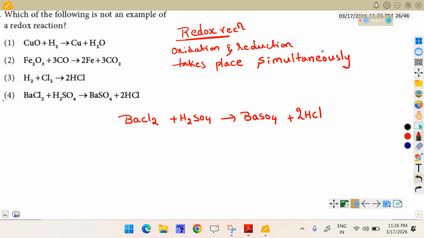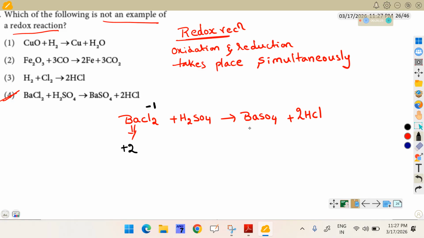Which of the following is not an example of redox reaction? What is a redox reaction? In a chemical reaction, both oxidation and reduction take place simultaneously; then the reaction is considered a redox reaction. The fourth option is not a redox reaction because here the oxidation state of barium is +2 and the oxidation state of chlorine is -1.